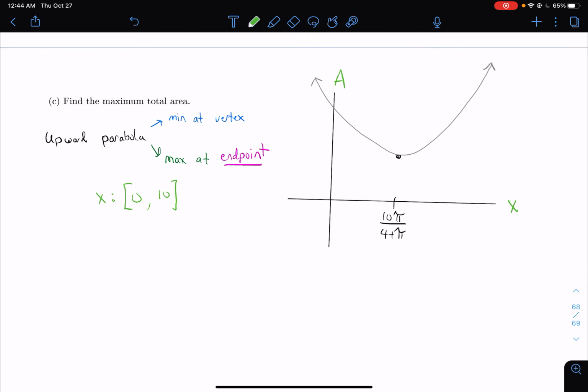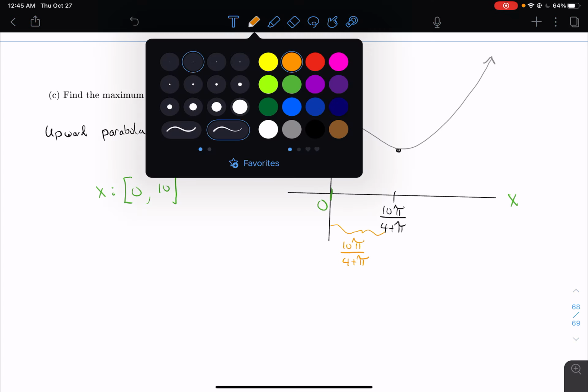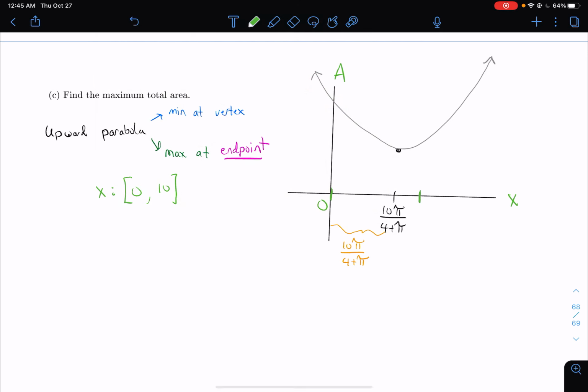Okay, so let's identify where those two coordinates are, the 0 and the 10. I know 0's here, so I know the distance from here to here is just 10 pi over 4 plus pi. And what I need to know is, at that other endpoint at 10, is 10 somewhere here?